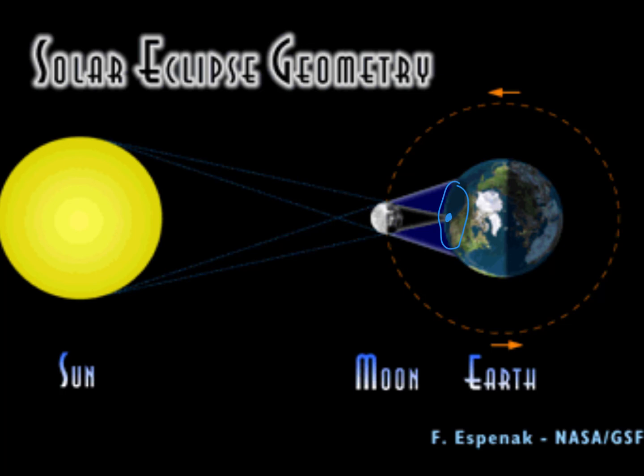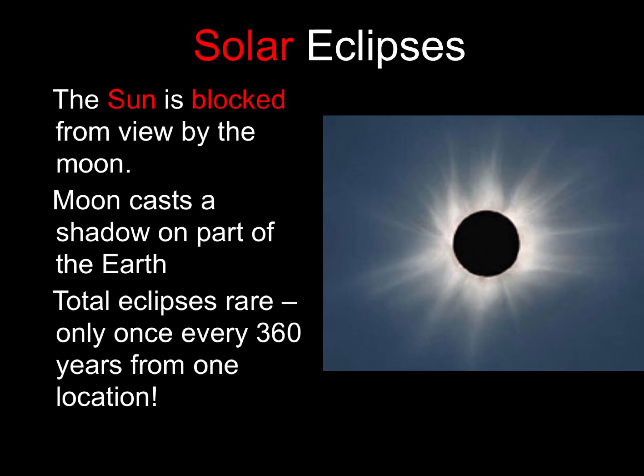Notice the order of the objects here. The moon is between the Earth and the sun. It's important that you know the order of objects for each type of eclipse and what's happening in each situation. This is how a full solar eclipse appears.